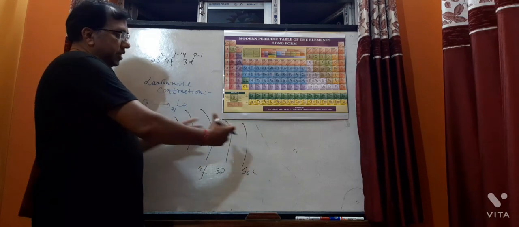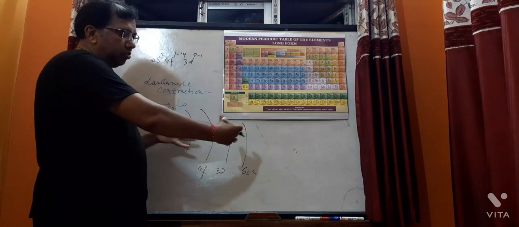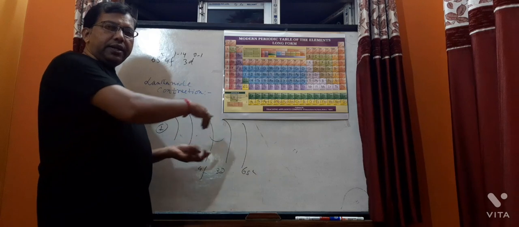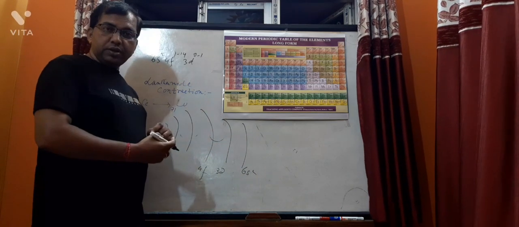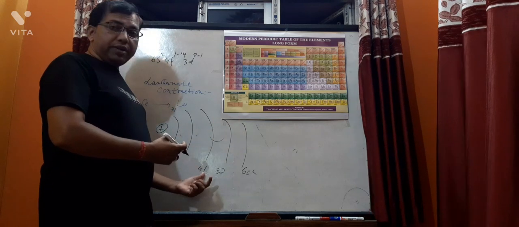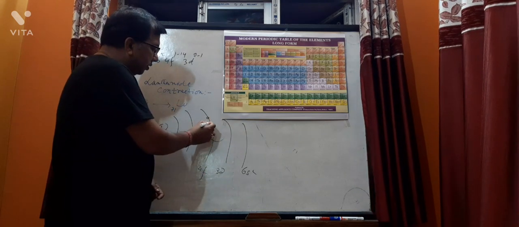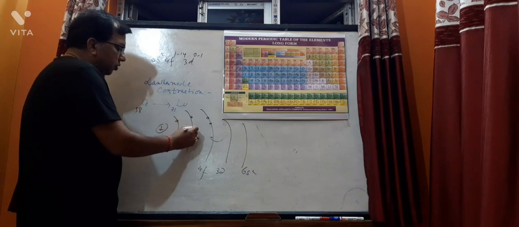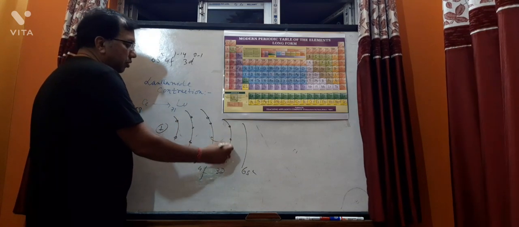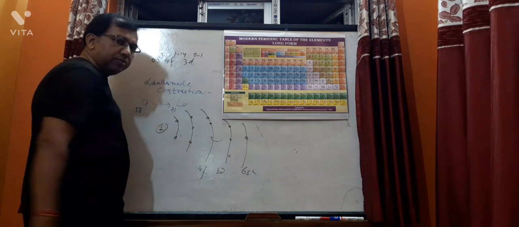That is the contraction of the atomic size, adding electrons in the same f orbital. This is the inner orbital.